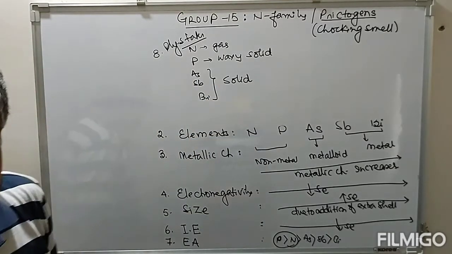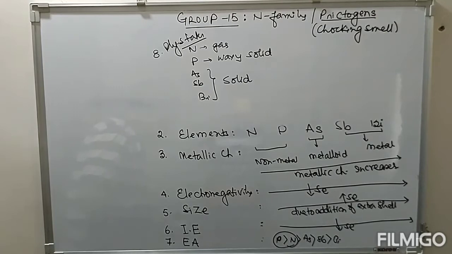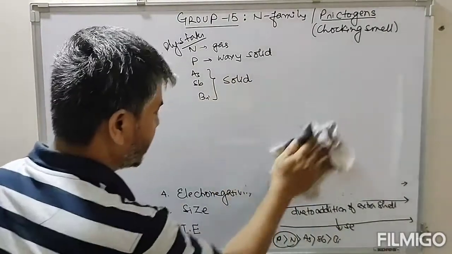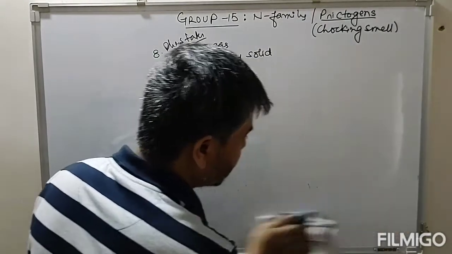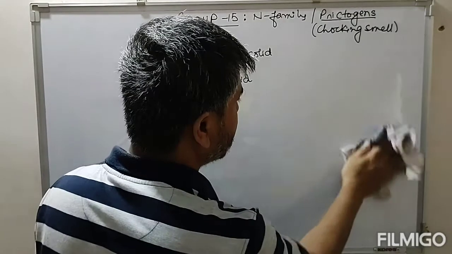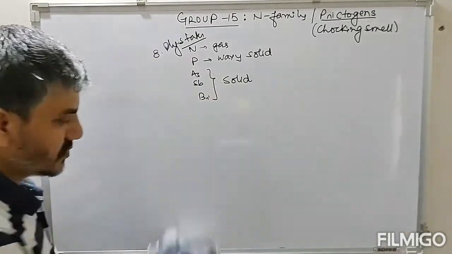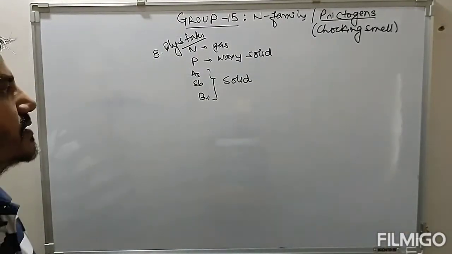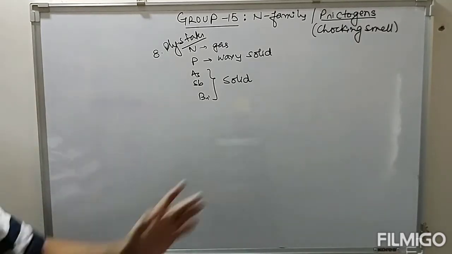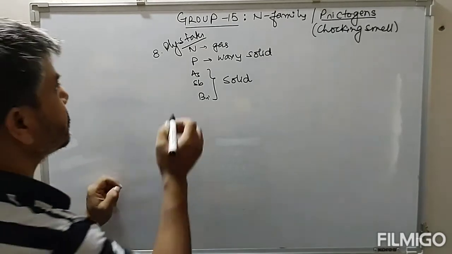Now when we say the first element exists as a gas and the rest of the elements exist as solids, in a solid the attractive force between the particles is the highest. So as the attractive force is highest, the melting point of these elements will also increase down the group.